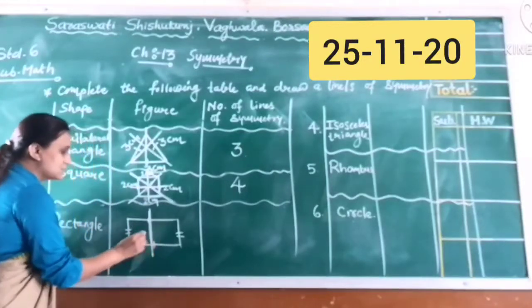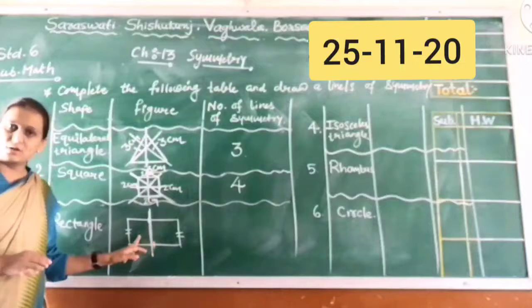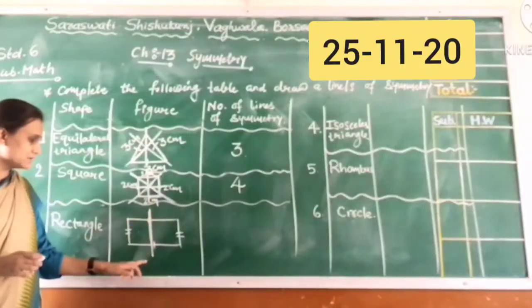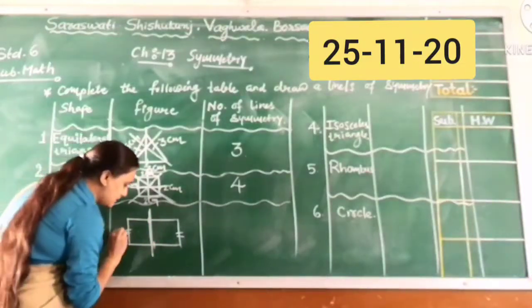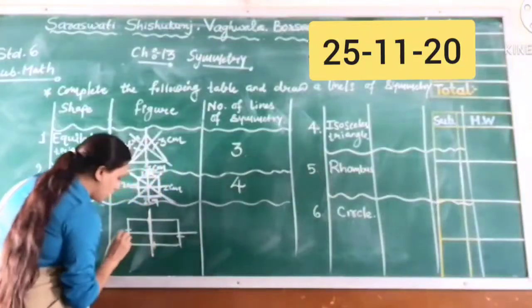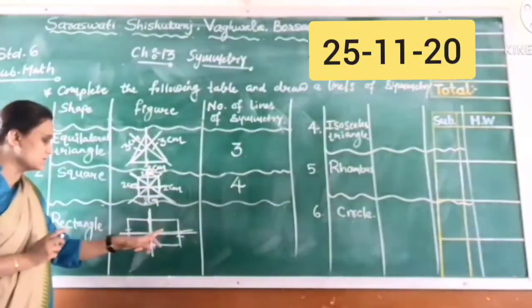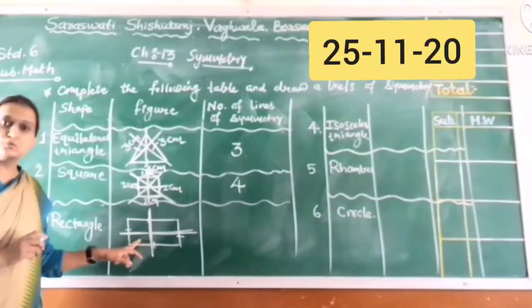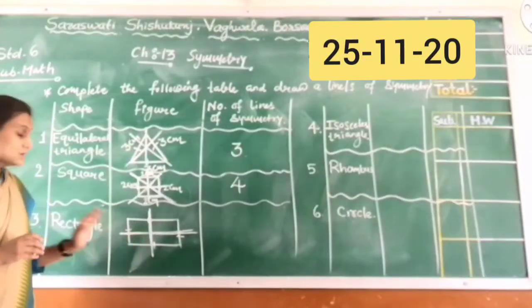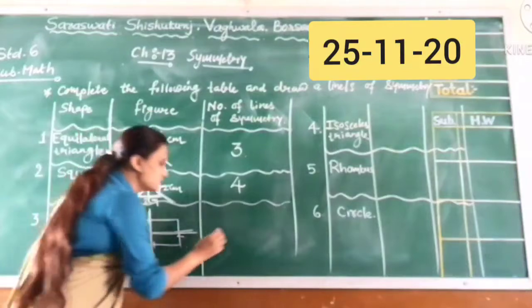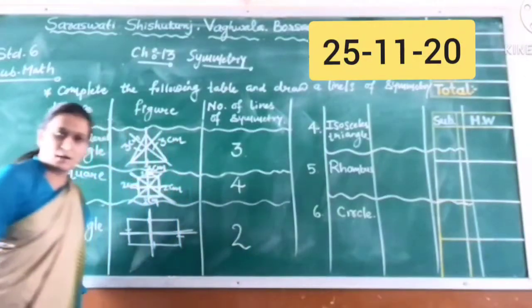You can find these two parts are equal. So this is the first line of symmetry. As well, we can draw a horizontal line of symmetry. After folding it along the horizontal, you can find these two parts are the same. So a rectangle has 2 lines of symmetry.